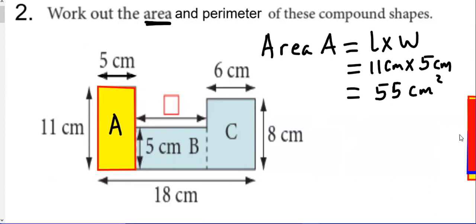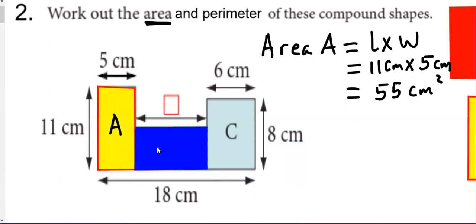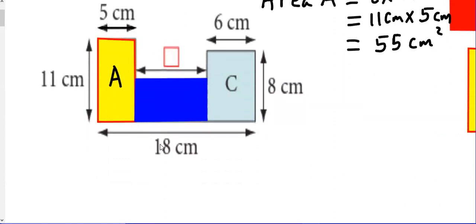How about area B? Area B is this portion here. Can you see that? With this area B, you need to be very careful. Can you see the blue color? This is the area I'm talking about.